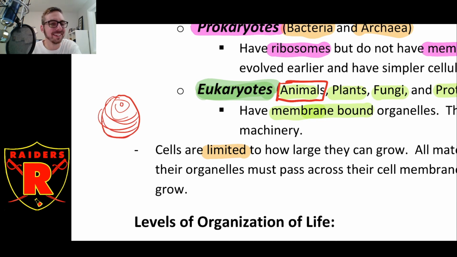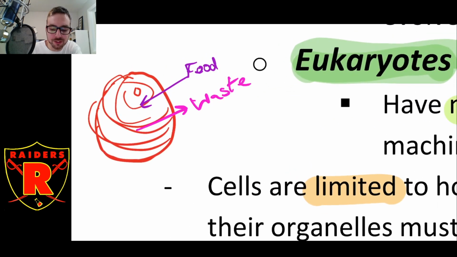If you can imagine, you've got a spherical cell, okay? All of the food and stuff that it needs to get into that cell, and all of the waste has to get out. The bigger the cell is, the more stuff there is inside the cell. Okay, so like the goo inside is more the bigger it gets.